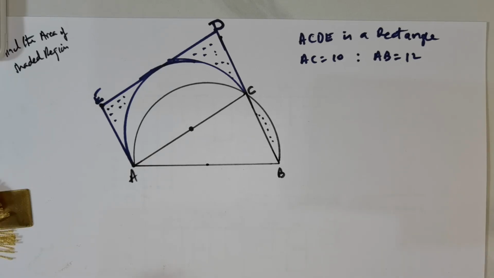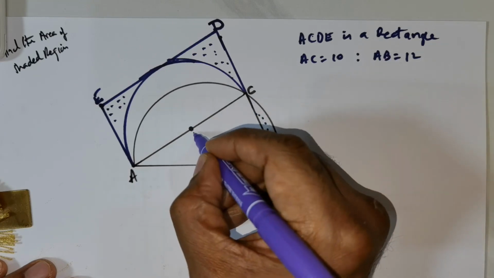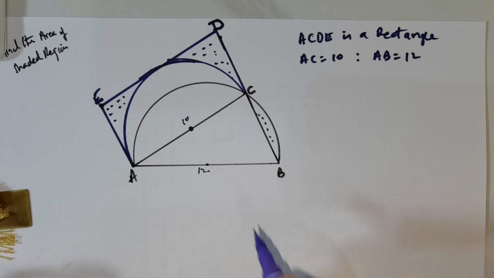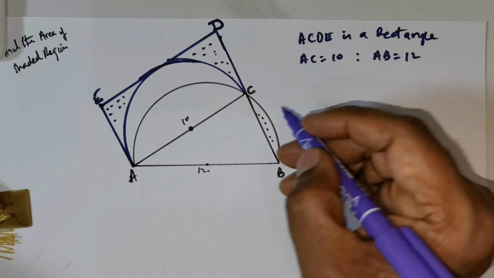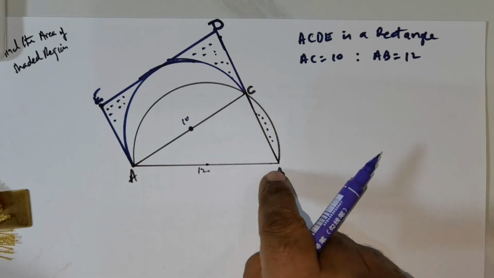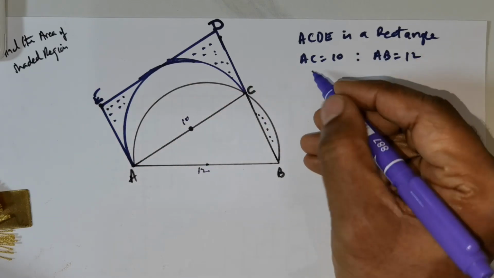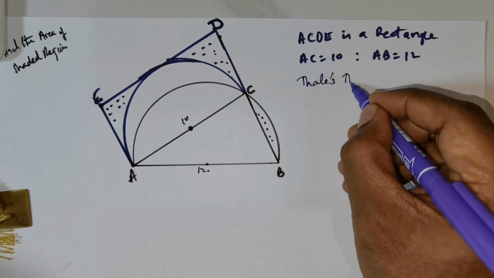Okay, I hope you all have got the solution. So AC is given to be 10 units, so let me write that down, and AB is 12 units. Now A, B, C are points on the bigger circle, right? Now we can use Thales theorem.